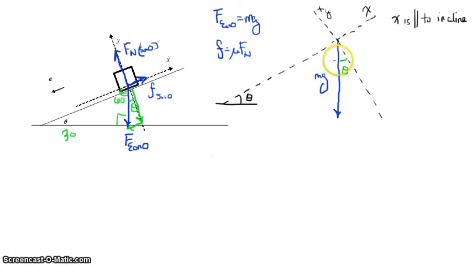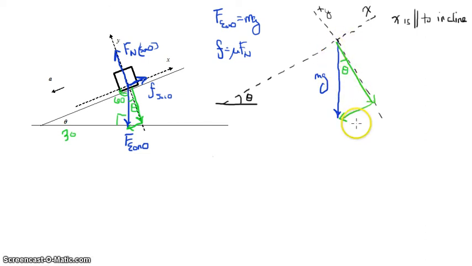Alright, so before we write out Newton's second law in the x and y direction, I'm going to draw in the components over here so we can see this a little bit easier. So along the y-axis and parallel to the x-axis, mg would be the magnitude of the earth pulling down.